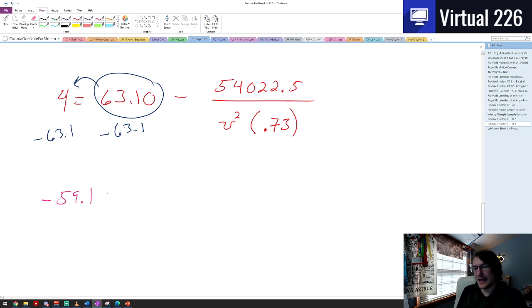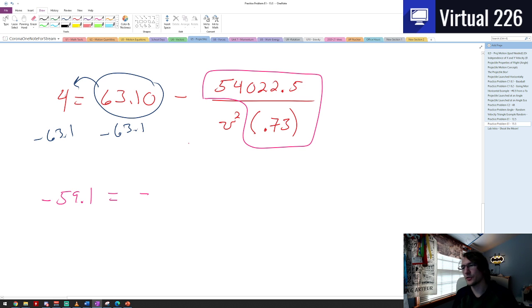Okay? And this will equal negative, and then now let's combine these together. Okay? So 54,022.5 divided by 0.73, that's going to give me 74,003. I'm going to drop the decimal, that's such a big number, divided by v squared.